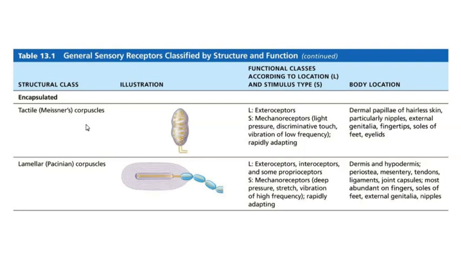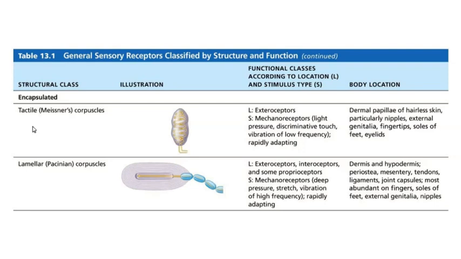You may be thinking that, recall in the epidermis, we saw a structure called the tactile cell. Those are different structures, not only because they are located in the epidermis. Tactile cells are located in the epidermis. Tactile corpuscles are located in the dermis.